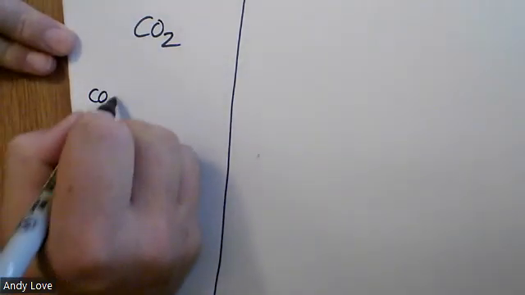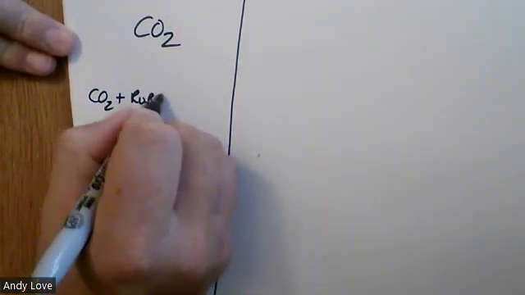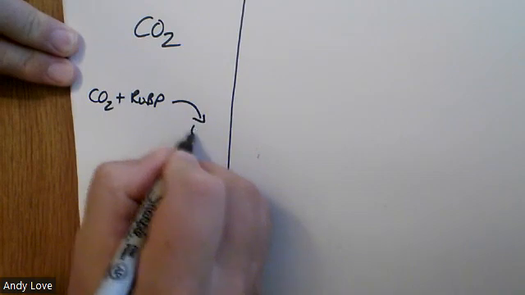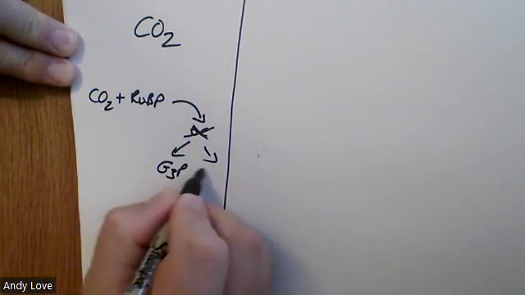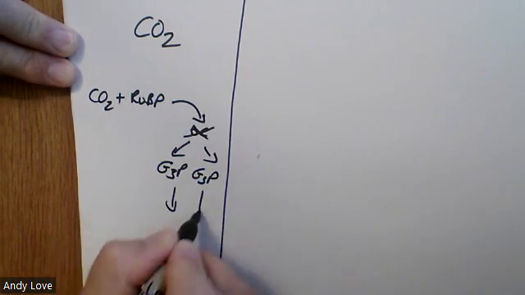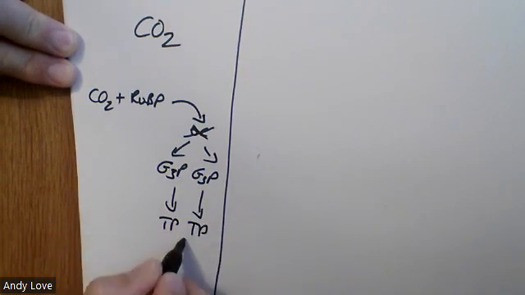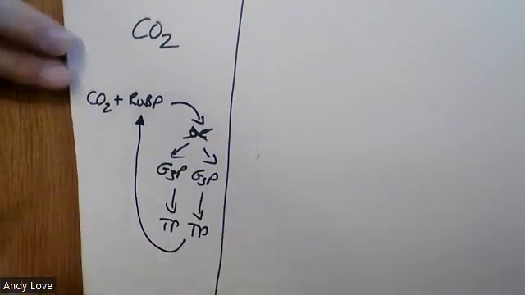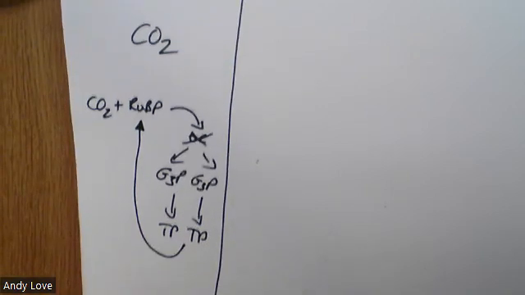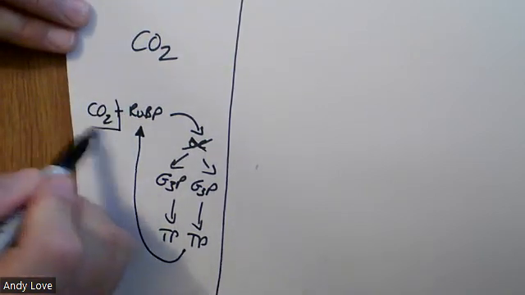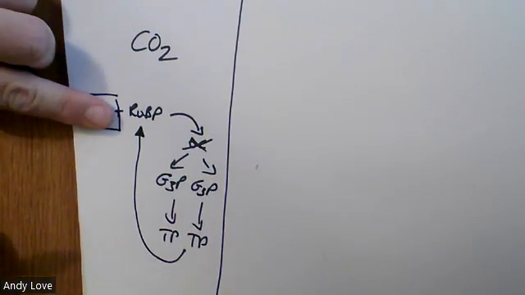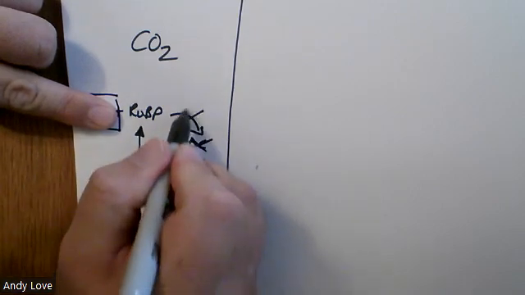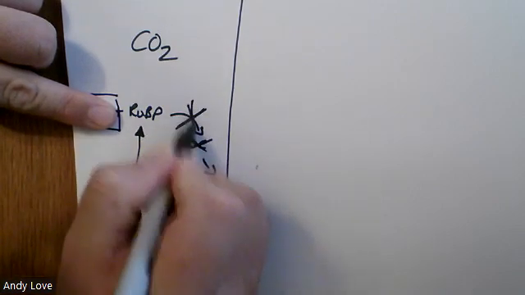Well, CO2 comes in, joins on with RUBP, and it makes the 6 carbon, which splits into 2 G3Ps. G3P turns into TP, and TP regenerates to RUBP. So if you get rid of or lower your carbon dioxide, I'm putting my finger over it, then you're stopping this reaction here.